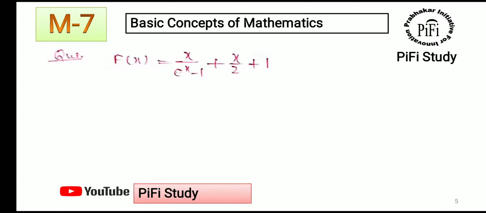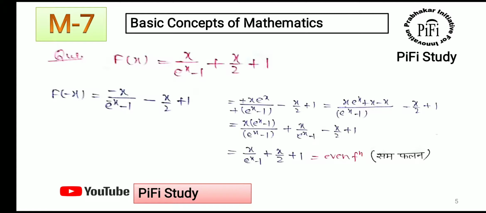Next, fx is equal to x upon e to the power x minus 1 plus x by 2 plus 1. So just replace x by minus x. So f minus x is equal to minus x upon e to the power minus x minus 1 minus x by 2 plus 1. Then do some mathematical arrangement.